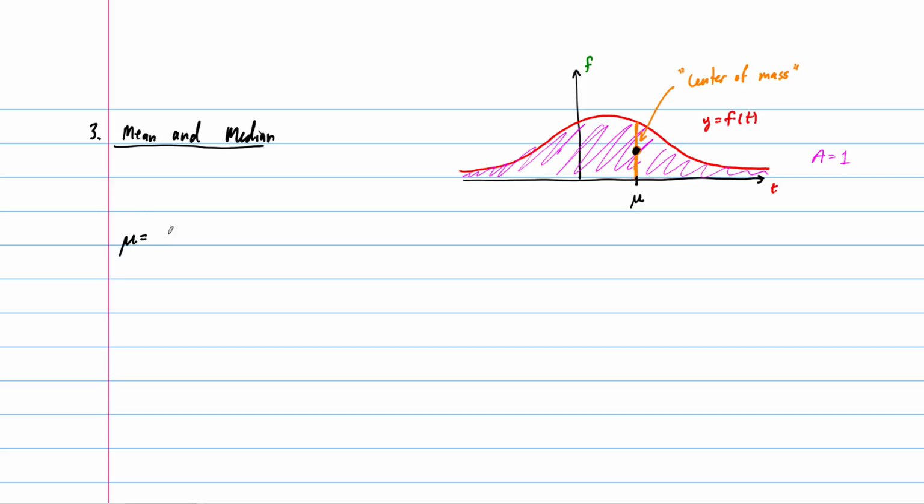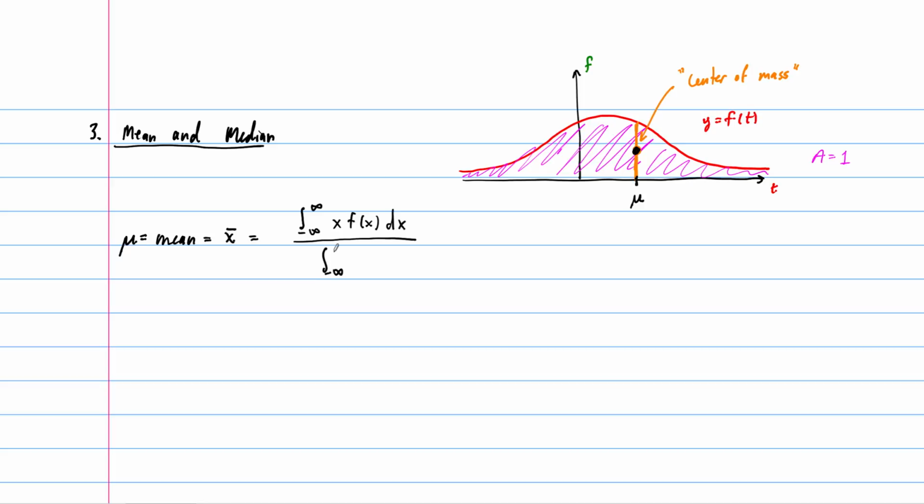So mu is equal to the mean, and its formula is really the x bar of our center of mass. I'm sure you remember that to compute the center of mass, you integrate over the entire domain, which is negative infinity to infinity. To find the x component of the center of mass, you integrate x times f of x dx, but then you have to divide through by the entire mass.